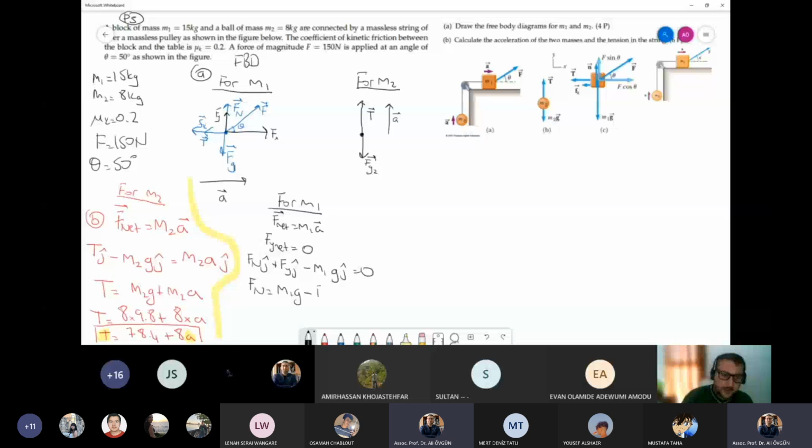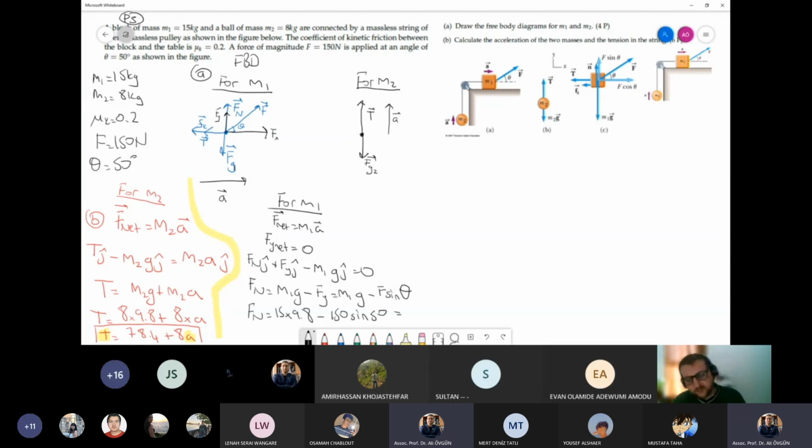So what is M1G minus, what is the Fy? How can you calculate Fy? Fy is the y component. So the y component is equal to F sine theta. Then let's put the values. F normal becomes M1 is 15 times 9.8 minus F, which is 150 sine 50.